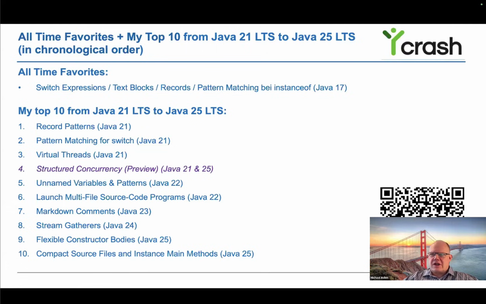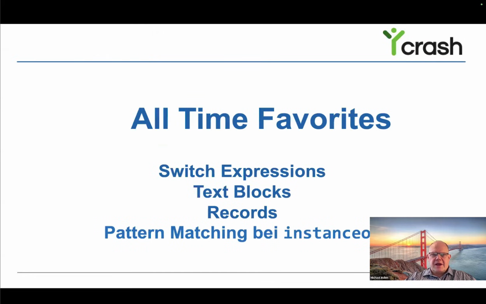It's so important and such a big step forward in making multi-threading in Java understandable and much easier, so that you should get an idea what will happen in Java 26 and Java 27, when it hopefully gets finalized in Java 27. So then let's get started with the all-time favorites.